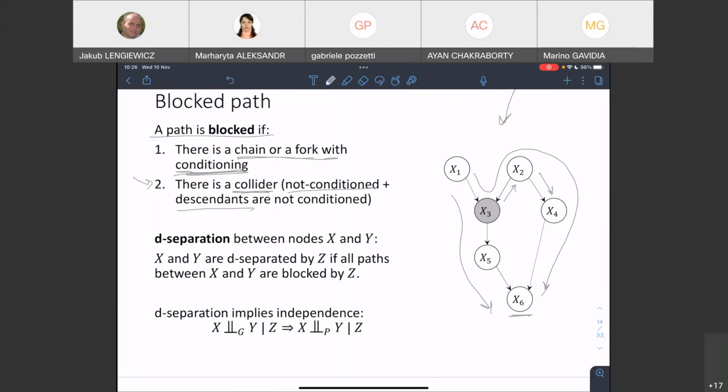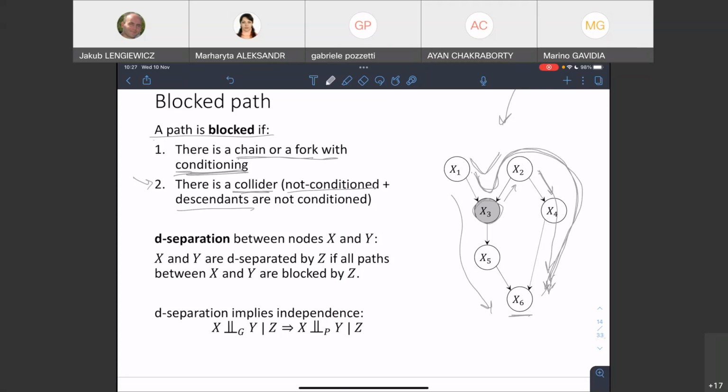Now, the second path, this is an undirected path. And what do we have here? We have here a V structure, a collider, and it is conditioned. It means that this path is open now. Then we have a chain and no conditioning. So it means that association is flowing through this path.